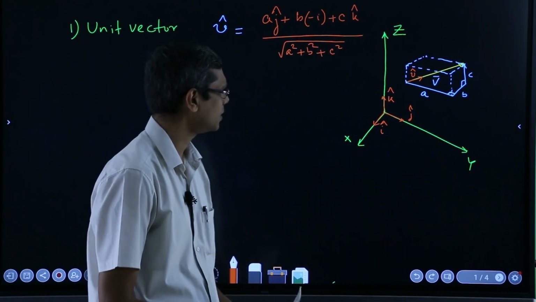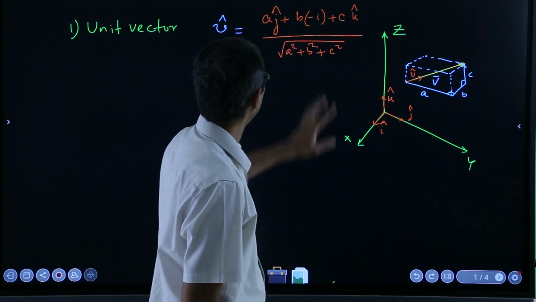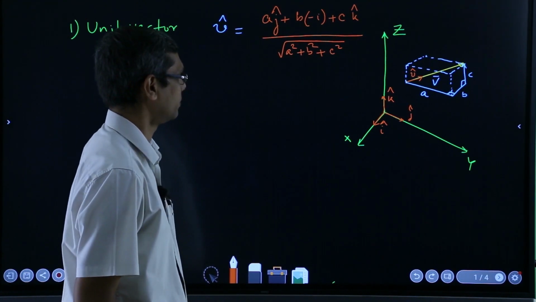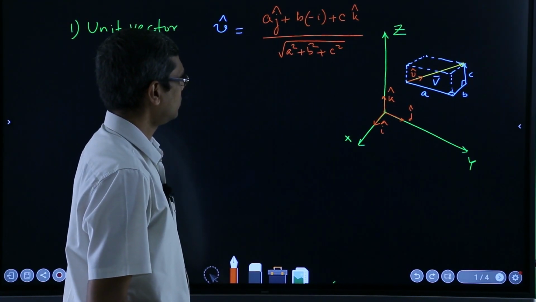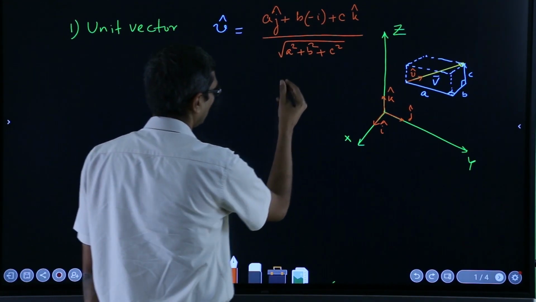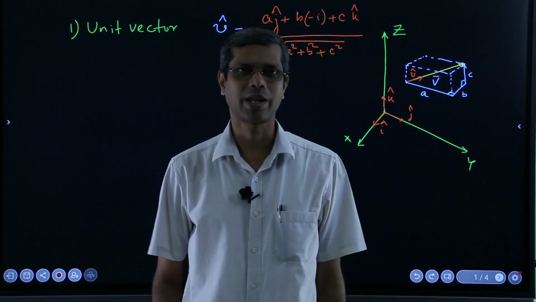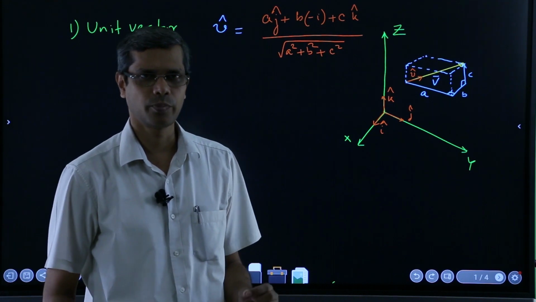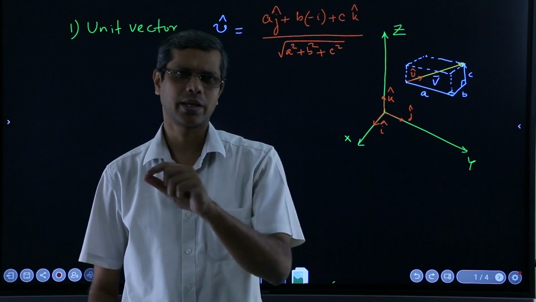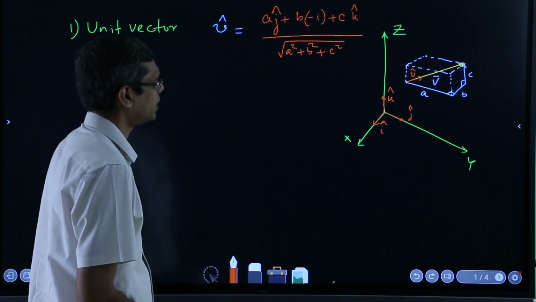Some students get confused, so I am just repeating. This will give you the unit vector in the direction of v. And this is one of the tools which you will be using n number of times. Any problem we pick, this tool of finding the unit vector in any particular given direction will be used so many times that you can't even believe now.